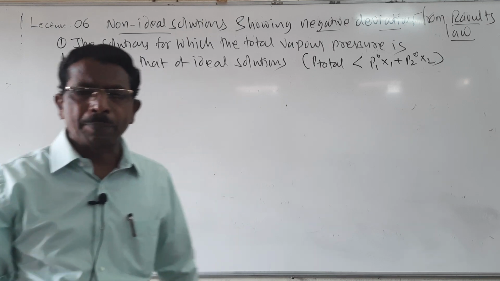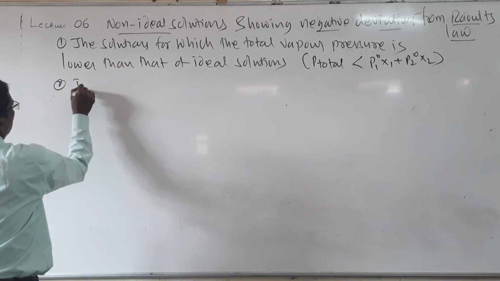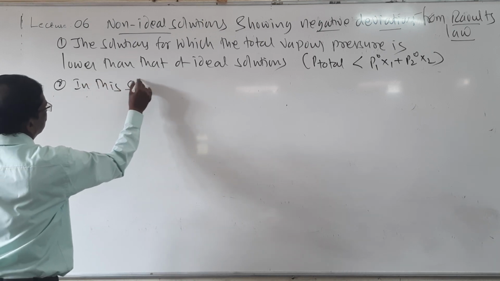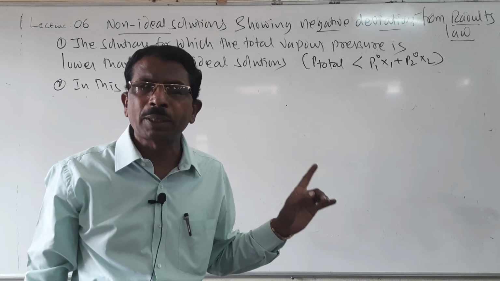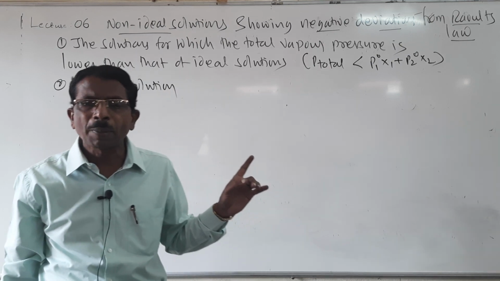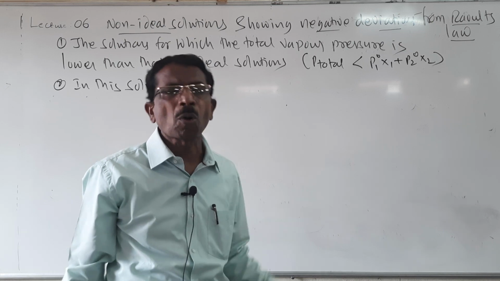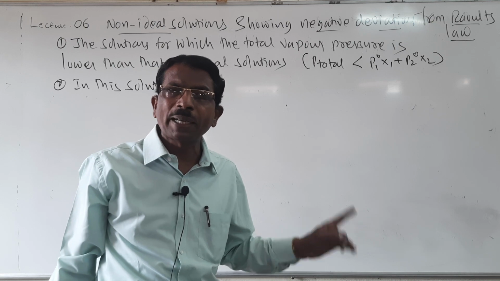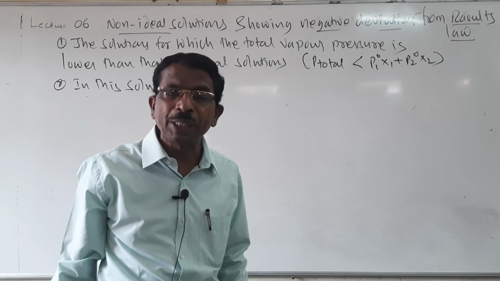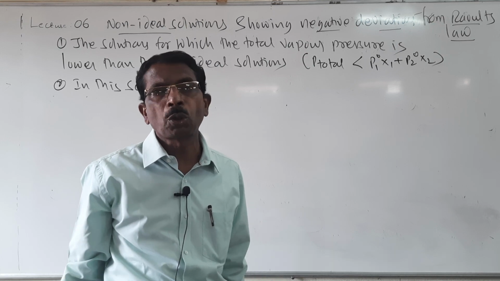Then second, in this solution, the intermolecular force of attraction between the mixture AB is stronger as compared to the intermolecular force of attraction between the pure components AA or BB, or solvent or solute.